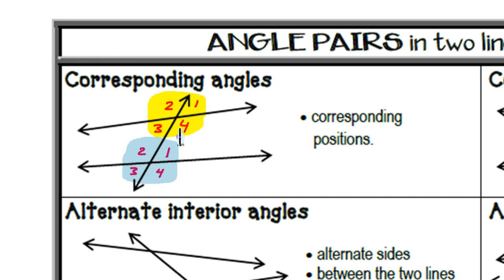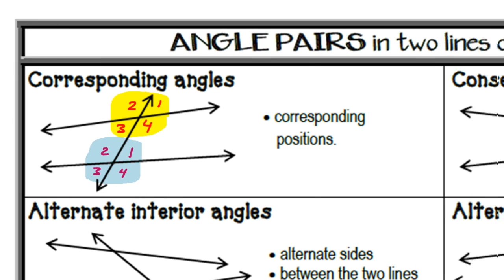So angle 1 yellow and angle 1 blue, those are corresponding angles. And same with all the other numbers: angle 2 and angle 2, angle 3 and angle 3, angle 4 and angle 4. Those are each corresponding angles.